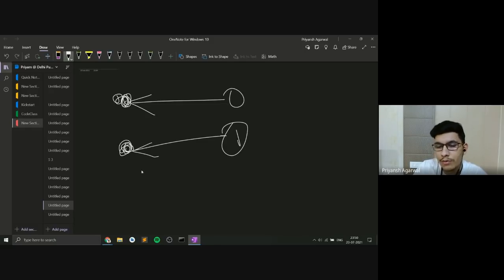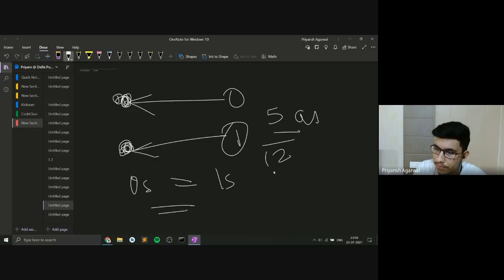So the number of zeros should be equal to the number of ones. If there are 5 A's, you can only color 2 of them, not 3. You can also color just one of them, but that would be a waste.